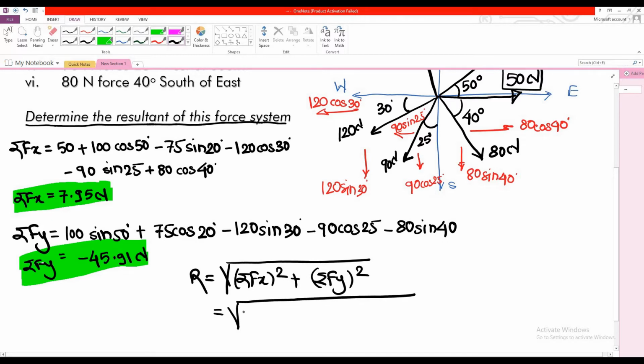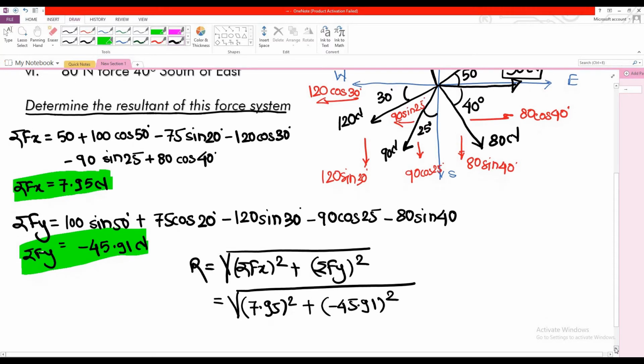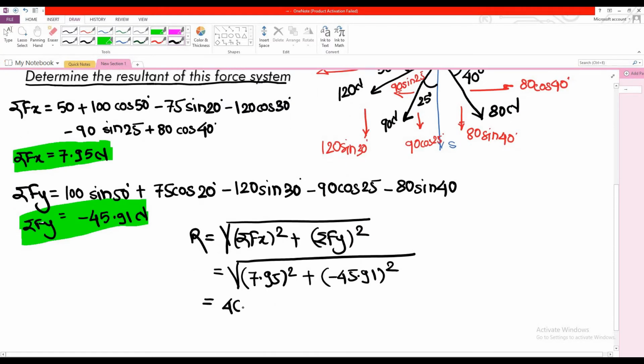Let's put the same in the formula. Summation Fx is 7.95 square, Fy is minus 45.91 square, and the value comes out to be 46.59. Okay, 46.59 is the magnitude of the resultant. Let's again keep it highlighted.